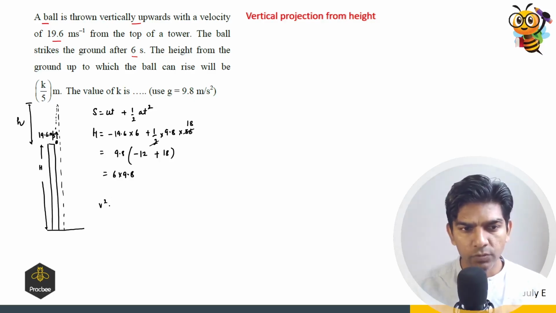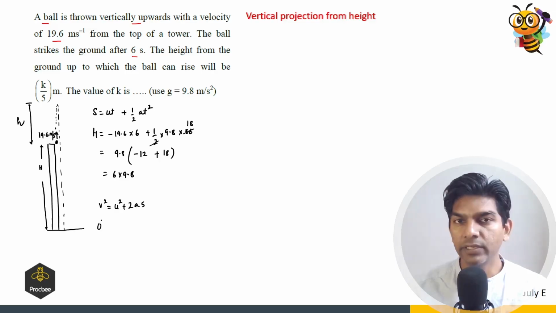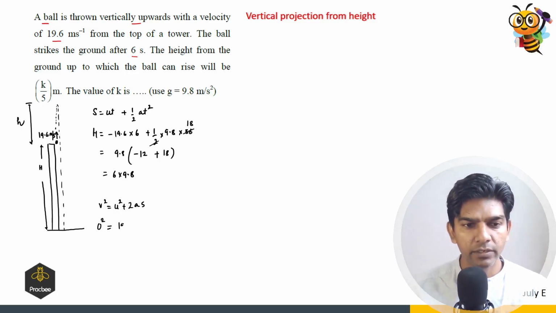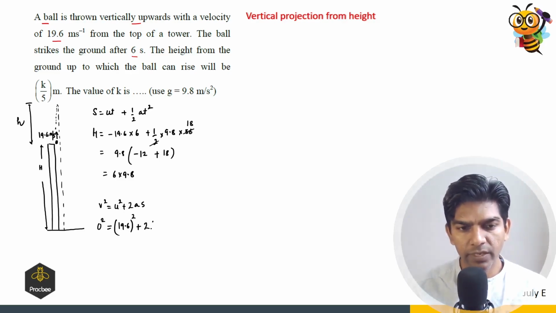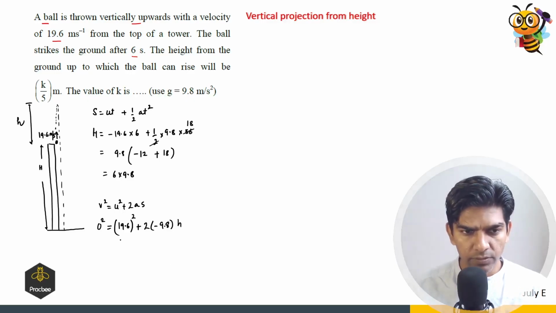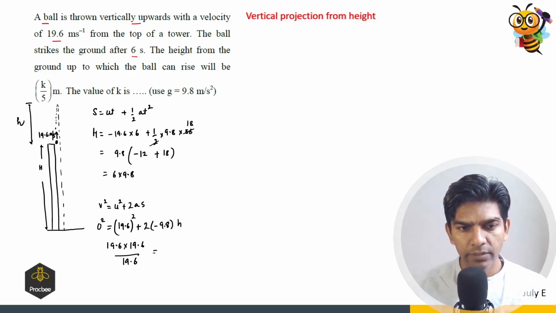So v square equals u square plus 2as, where v is 0 at the highest position, u is 19.6, and I have taken upward as positive in this case, so downward will be negative. So 0 equals 19.6 square minus 2 times 9.8 times h, so h comes out to be 19.6, or you can say 2g.